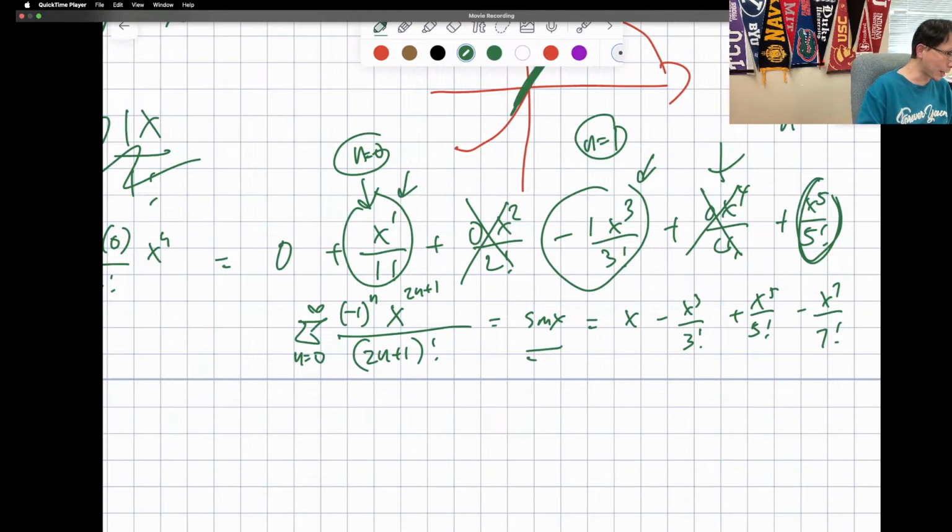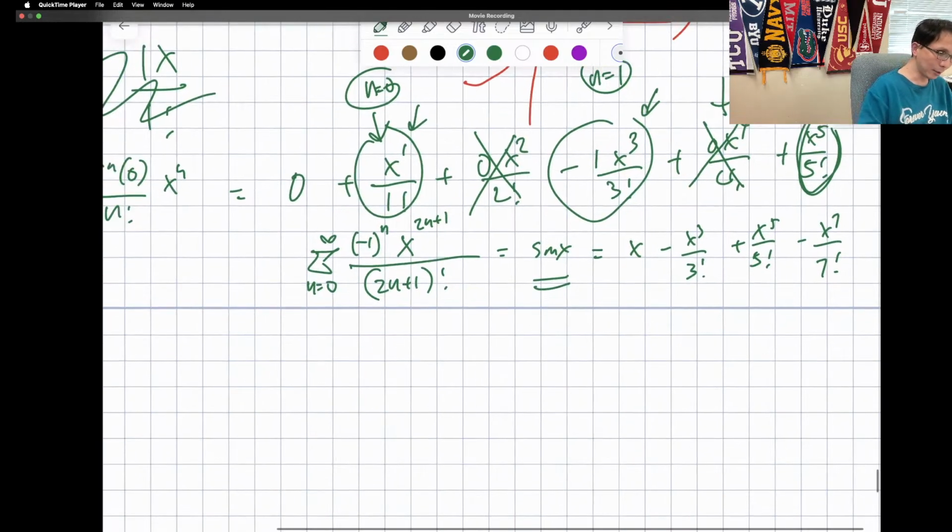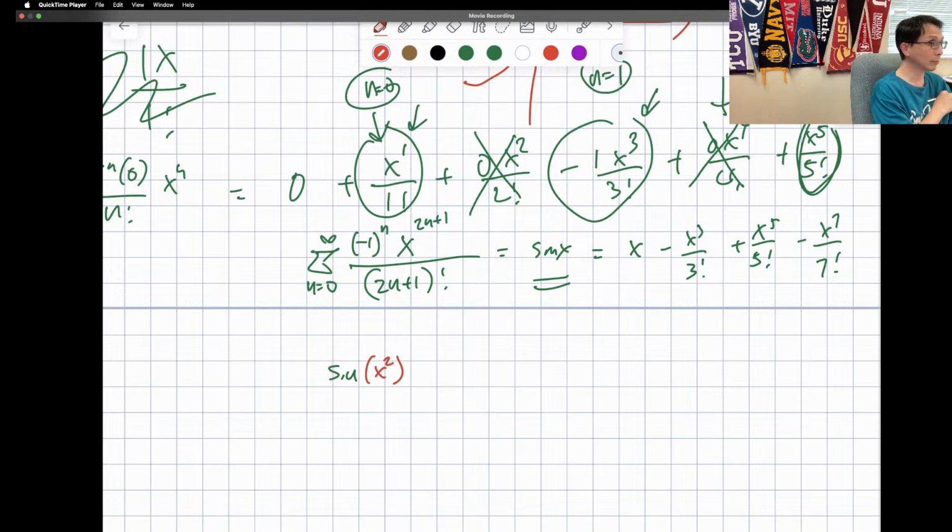Now, what's interesting is this. If this represents sine of x, and I say, hey, I don't want this power series, I want something else. I want sine of x squared. So I say I want to find the Maclaurin series of sine of x squared.